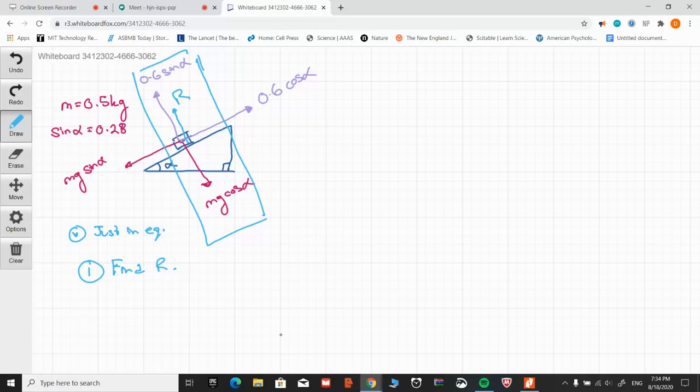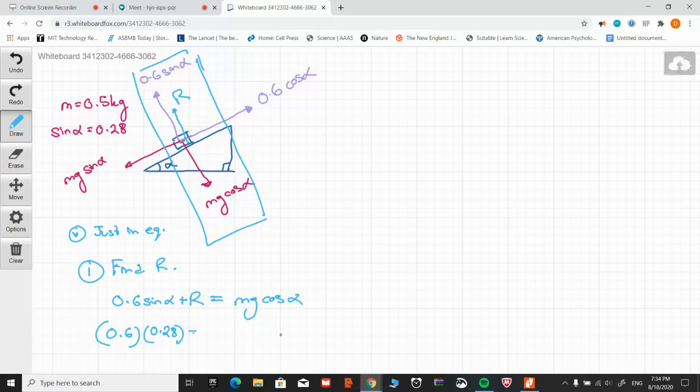Since there is no motion perpendicular to the surface, the upward forces should be equal to the downward force, right? Because the upward ones balance the downward ones in total. So let's put some values here. 0.6 times sine alpha, what is the value?